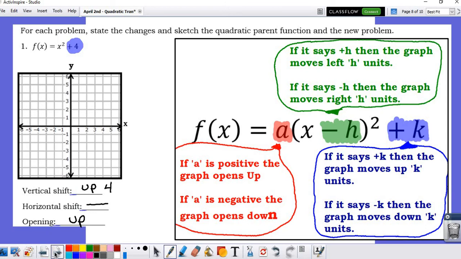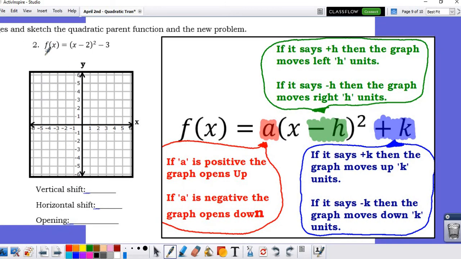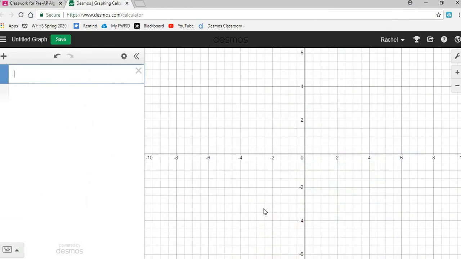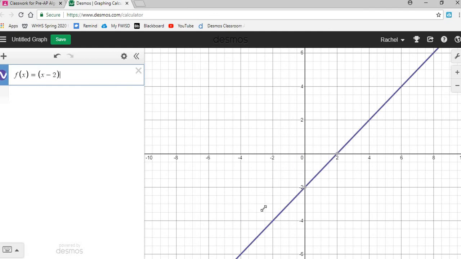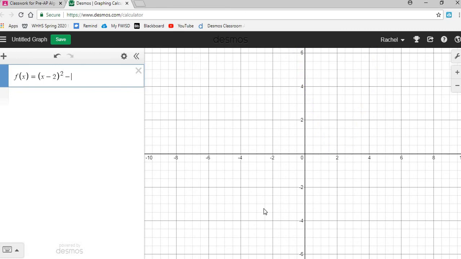All right, you try the next one. F of x equals x minus 2 squared minus 3. Okay, pause it and go to Desmos and graph it and see what happens. All right, if you graph this one, f of x equals x minus 2 squared minus 3.